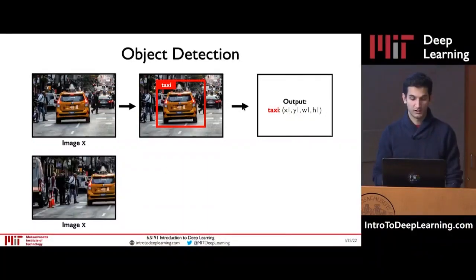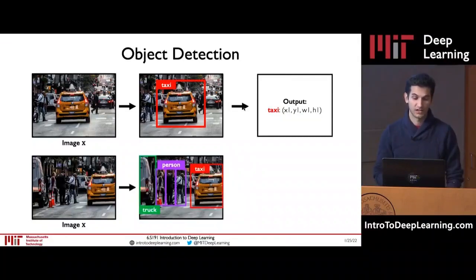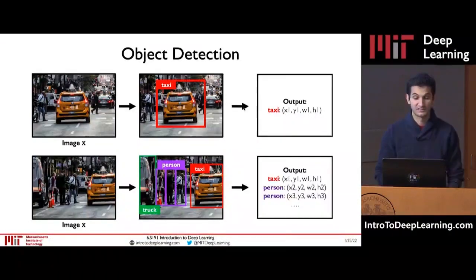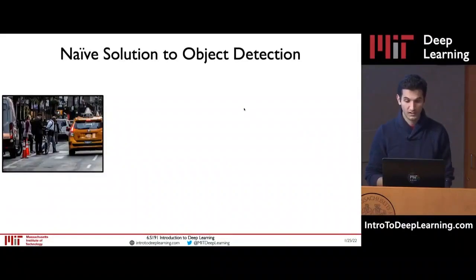What if we had an image like this? Now we have many different objects that are very present in our image, and our model needs to have the ability to output that variable number of classifications. Now, this is extremely complicated, number one, because the boxes can be anywhere in the image, and they can also be of different sizes and scales. So how can we accomplish this with convolutional neural networks?